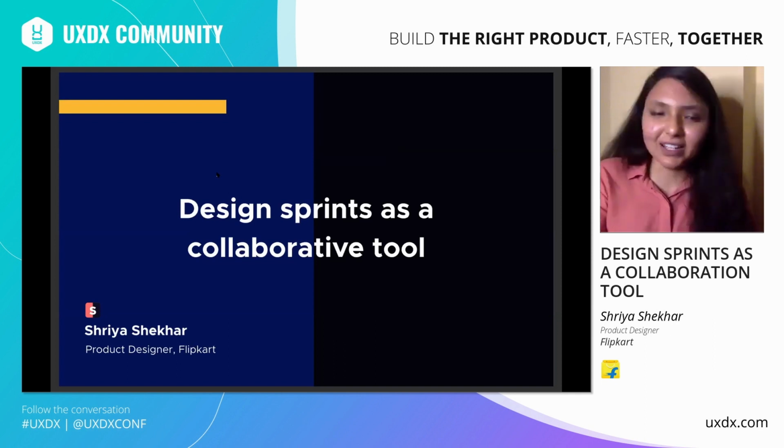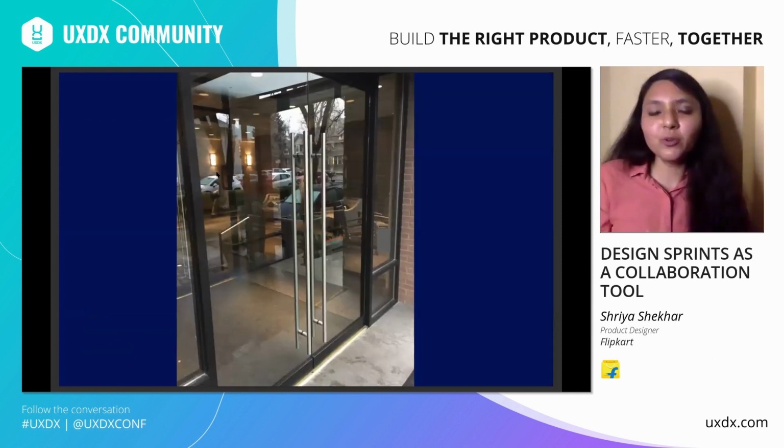So let's get started. I'm sure most of you have looked at this door in malls or in other places. If you know what it is actually called, it's called a Norman door. A Norman door looks opposite to the way it is supposed to be interacted with.